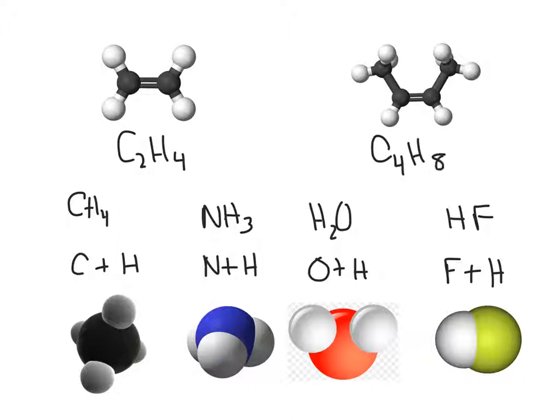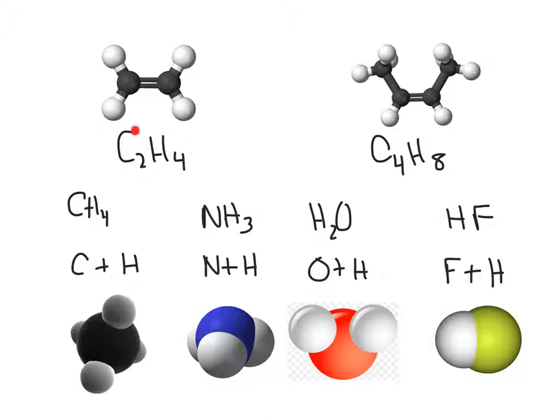C4H8. Notice that the lowest whole number ratio for this compound is CH2, and the lowest whole number ratio for this compound is also CH2, because both 4 and 8 are divisible by 4, so I can reduce this to CH2. Both 2 and 4 are divisible by 2, so I can reduce this to CH2.